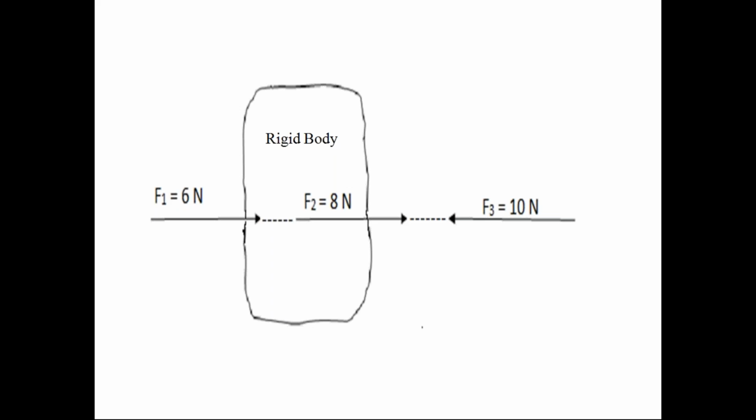All the forces applied by the persons act on the same thread, on the same straight line. So we call that force system acting on the thread a collinear force system. That is the first type of force system: the lines of action of all the forces lie on the same straight line.